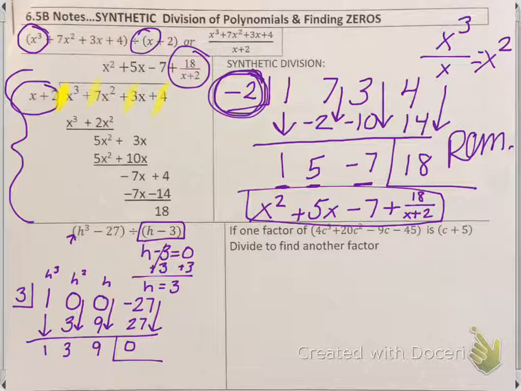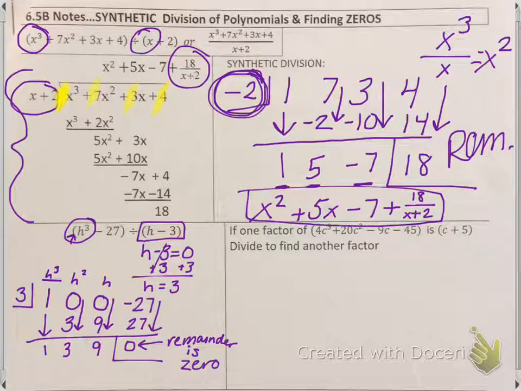Remember that last digit is always your remainder. If my remainder is 0, then guess what? We have something that is a factor. So, again, I had an h to the third, and I divided by an h to the first.